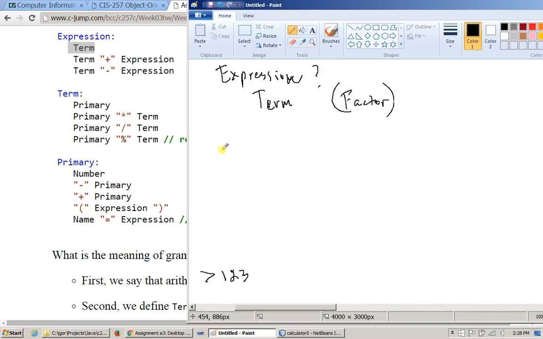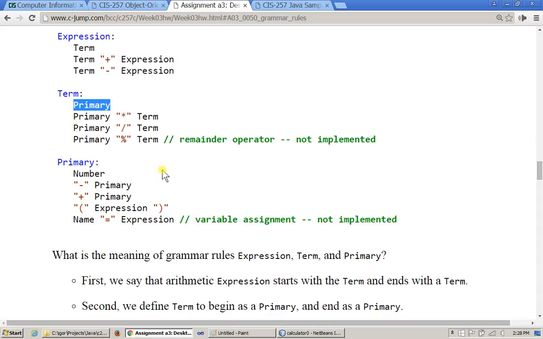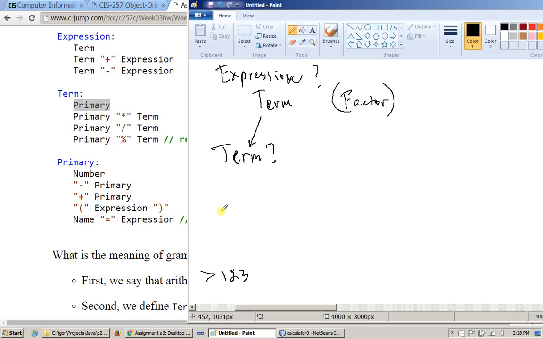So the term is a separate rule. And now we ask: is 123 a term? The term says that it could be a primary, and the primary is a separate grammar rule.